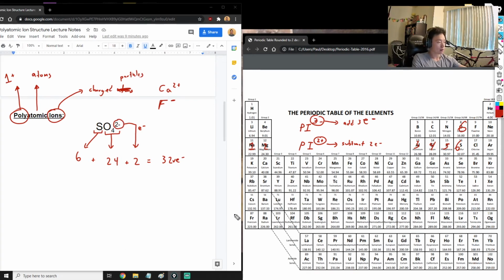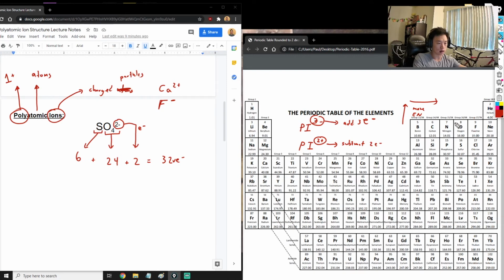All right. So when we draw these polyatomic ions, we follow the exact same rules. If you look at S and O, we need to figure out which element wants to go in the middle. We know that electronegative ones tend to be on the outside, and the more electronegative ones are up and to the right.